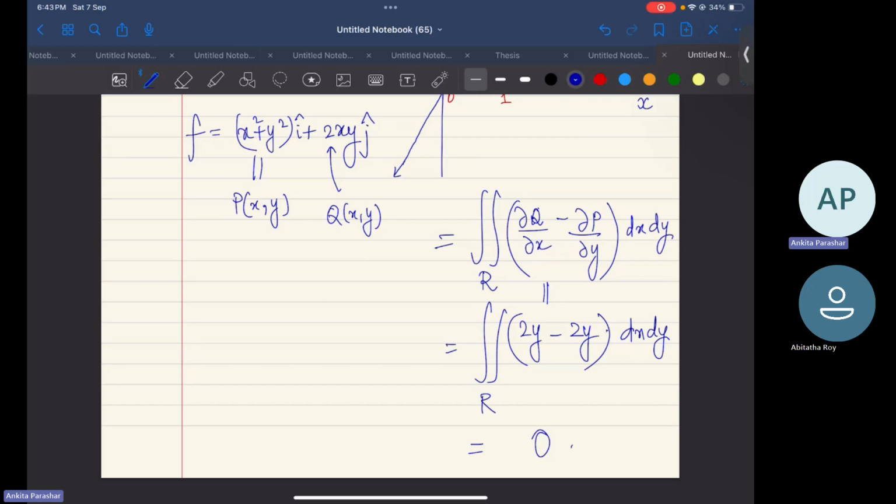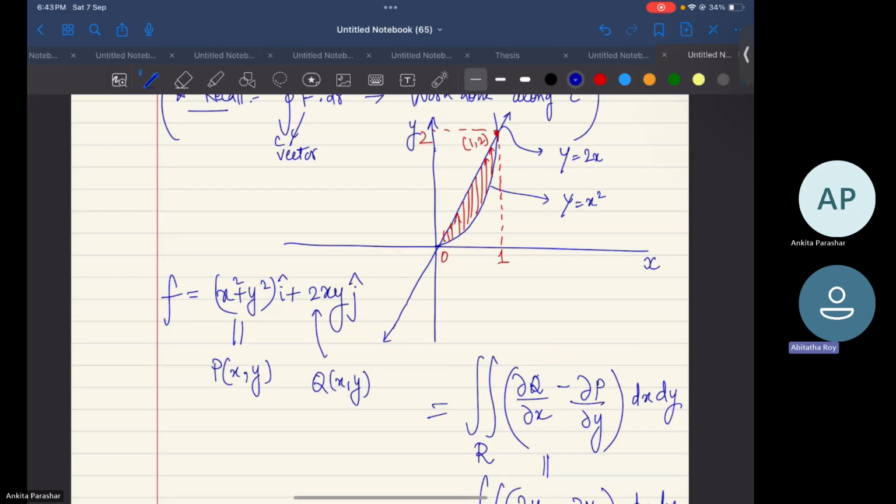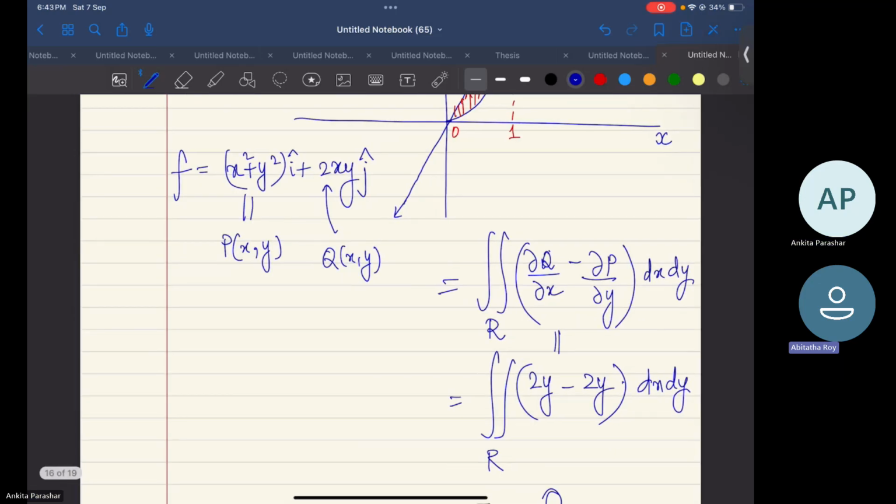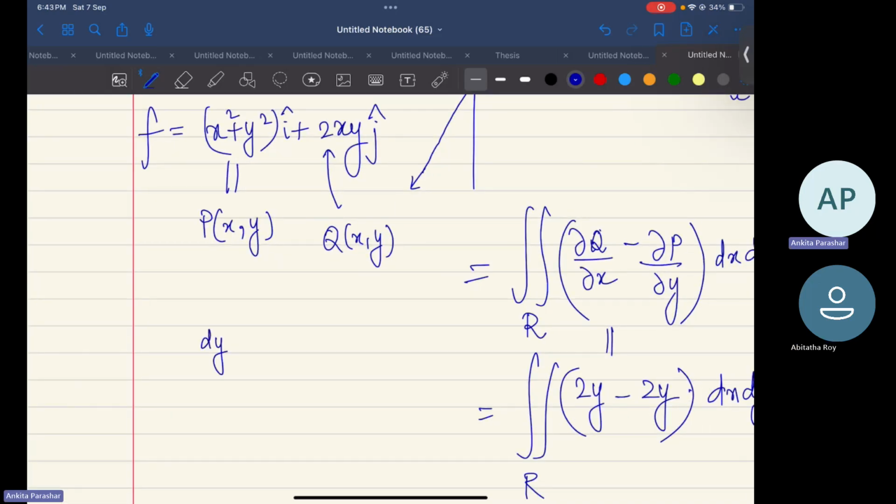Just an observation. See, these types of notations are there in differential equations while we are dealing with exactness of a solution. Exactly. When we have P dx plus Q dy, if del P by del y equals del Q by del x, then it's an exact solution.